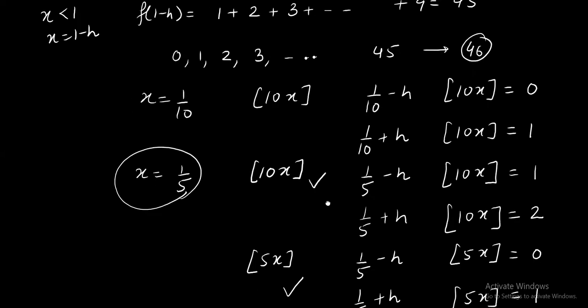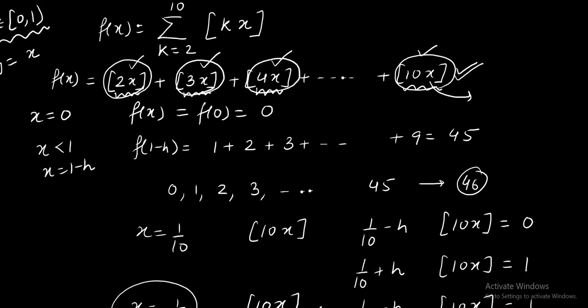And because both these terms are present in the function, because of the presence of the integral part of 5x and the integral part of 10x, the value of the function f(x) will increase by 2. That is, instead of increasing by 1, the overall value increases by 2. Like this, there might be many other values of x at which the function will increase not by 1, but by 2 or maybe 3.